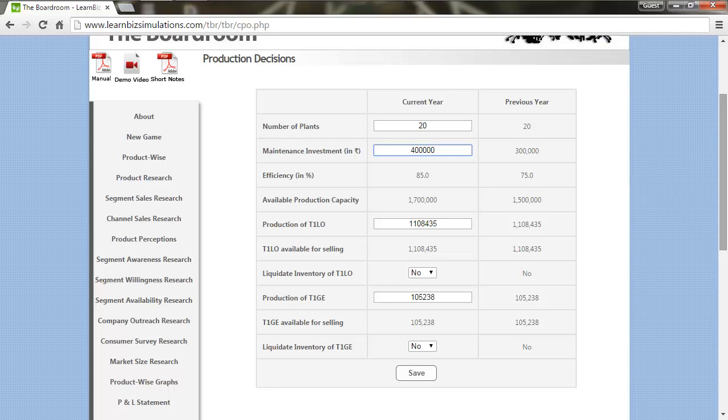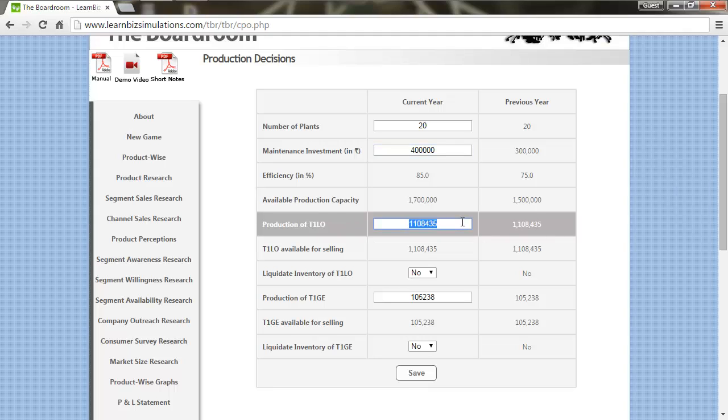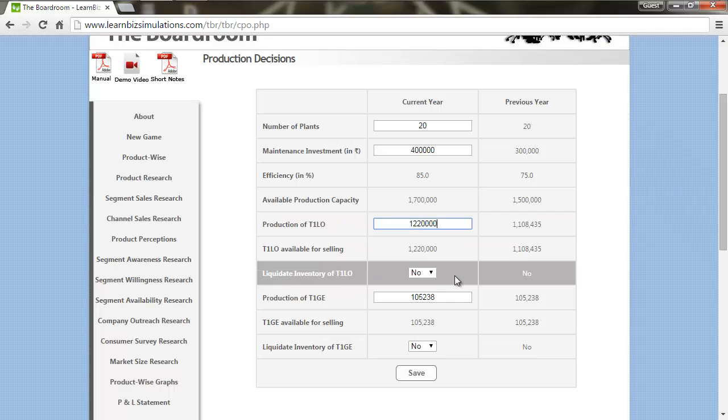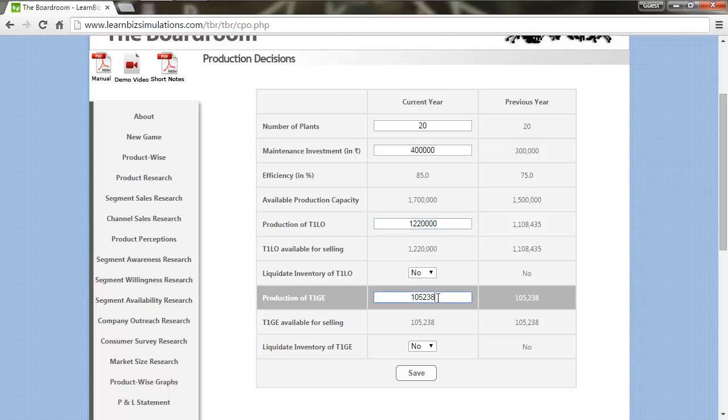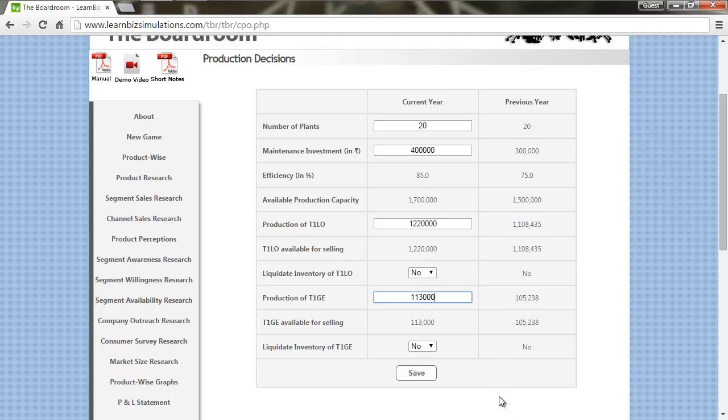After due analysis of various research reports, we decide to improve the production of T1LO by 10%, thereby rounding it to 1.22 million units, and increase the production of T1GE by 7%, rounding it to 113,000 units. Make sure you save your decisions before you move on to the next decision tab.